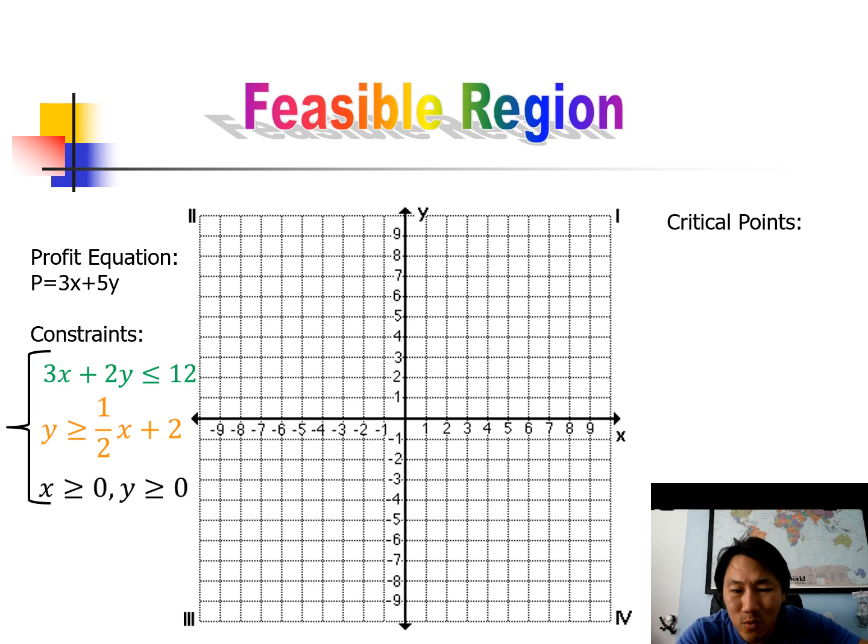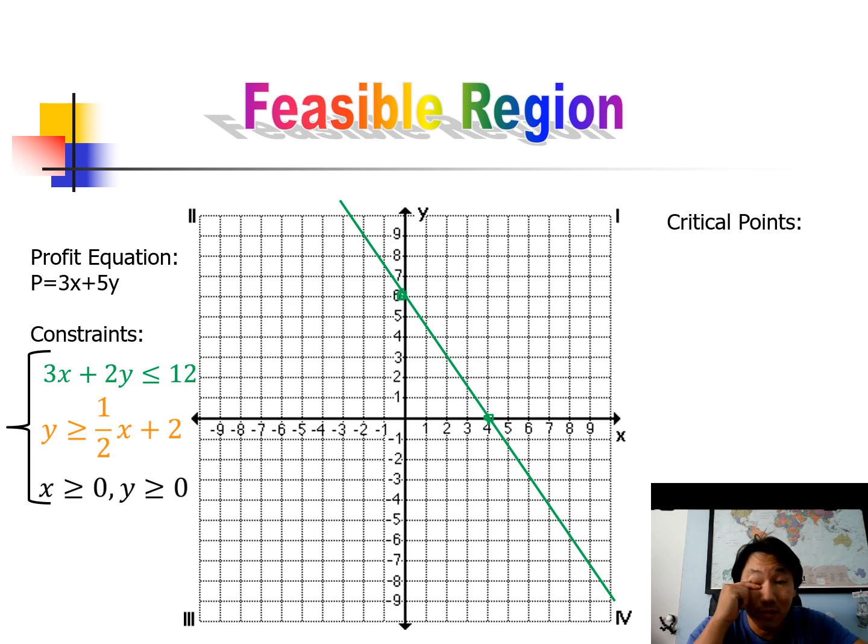I'm going to cover up the y to solve for x, and that gives me 4 on the x-axis, so I'll plot a 4. Then I'll cover up the x and solve for y, and that should give me a 6 on the y-intercept. And there's my line for the green.